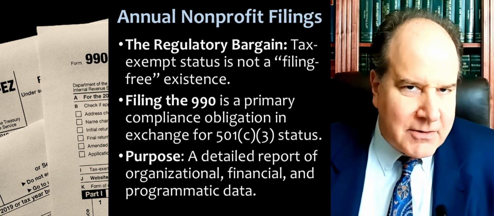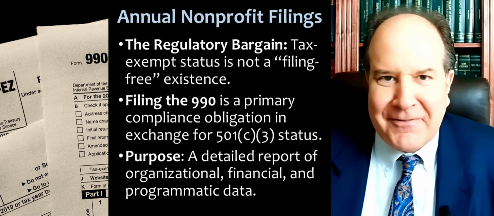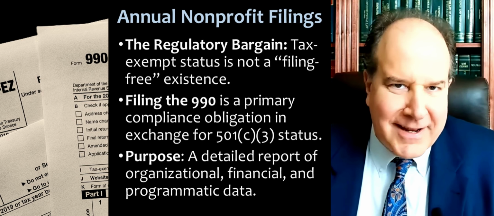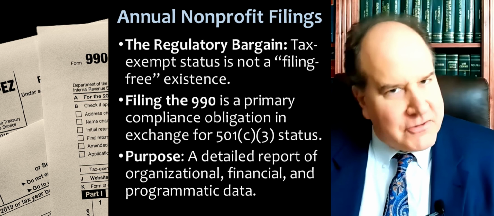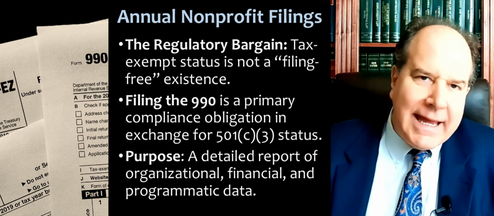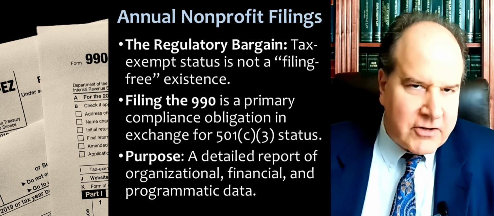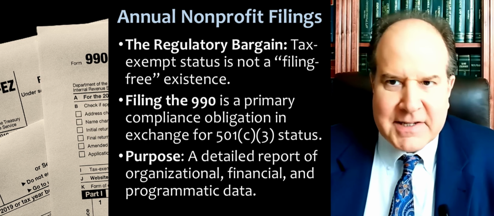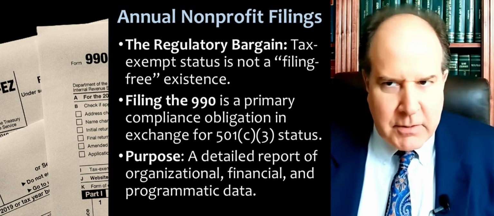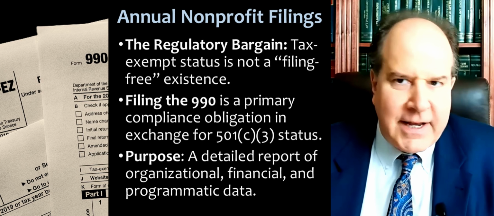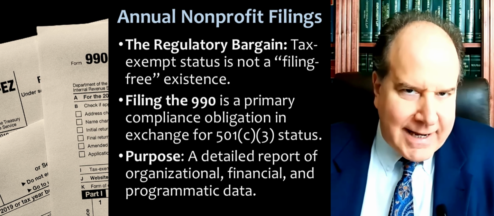But that doesn't necessarily mean that they have a filing-free existence, that they never have to file anything or report anything to the federal government. And so filing the 990 form is a primary compliance obligation in exchange for 501(c)(3) status. And this is going to be a pretty detailed report of organizational, financial, and programmatic data.